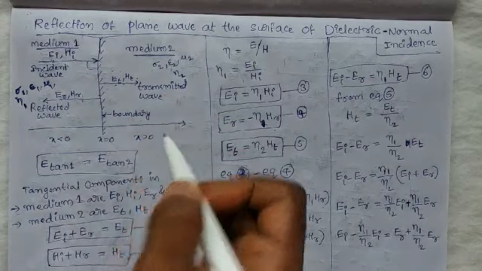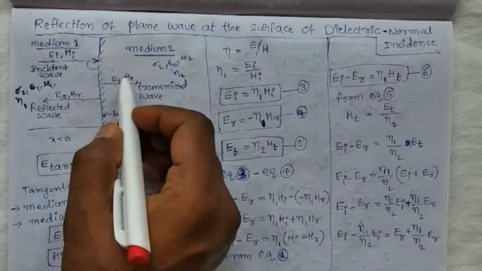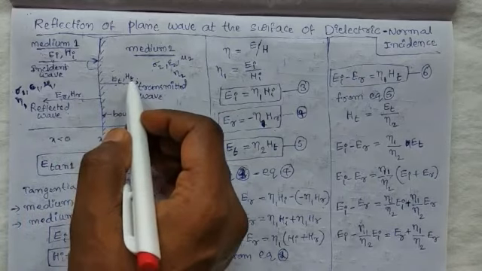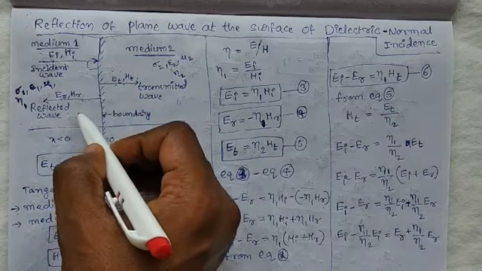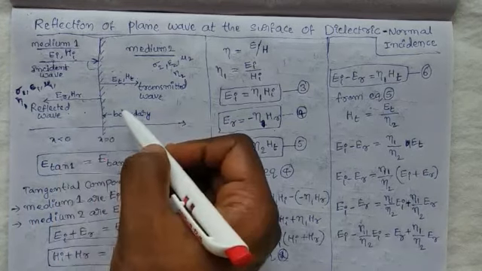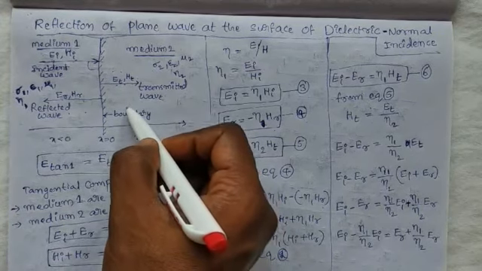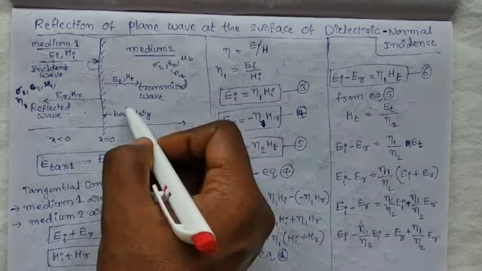Now we are applying the boundary conditions between these two dielectric mediums. According to the boundary conditions, the tangential component of electric field in medium 1 is the same as the tangential component of electric field in medium 2.